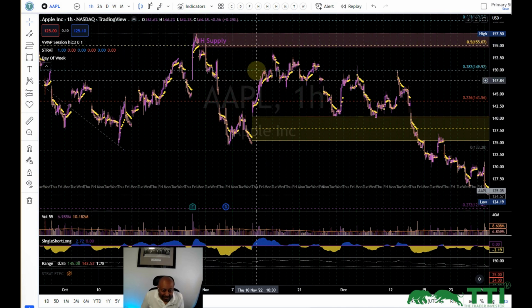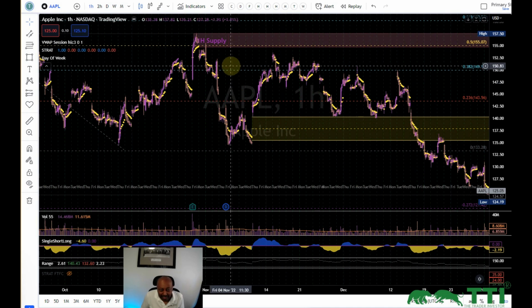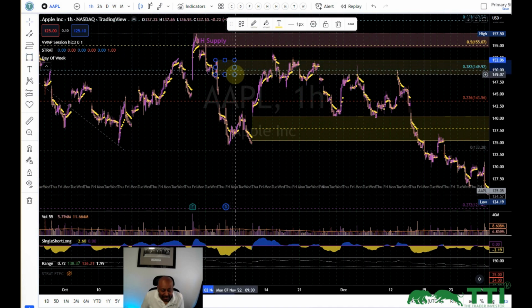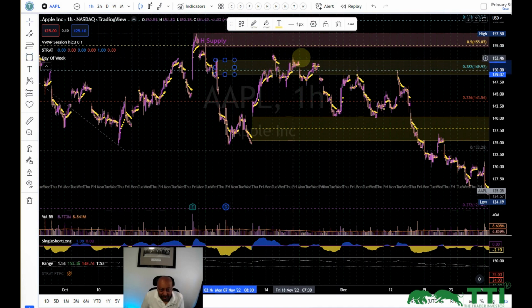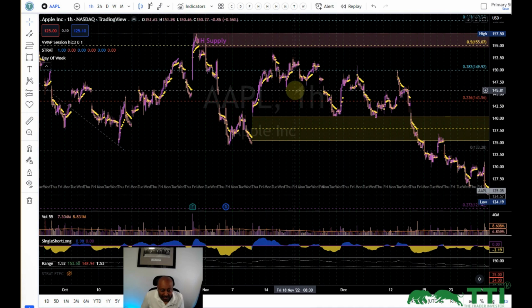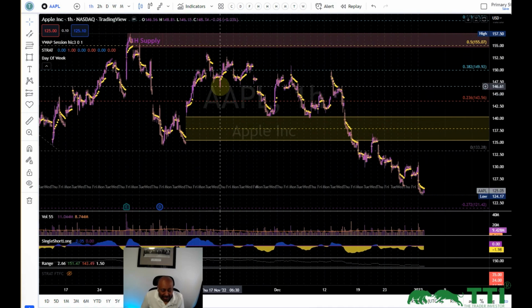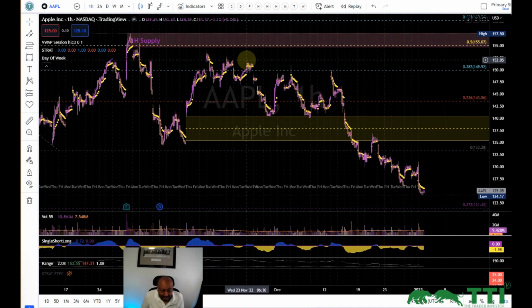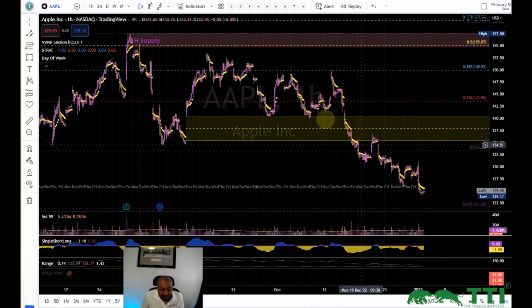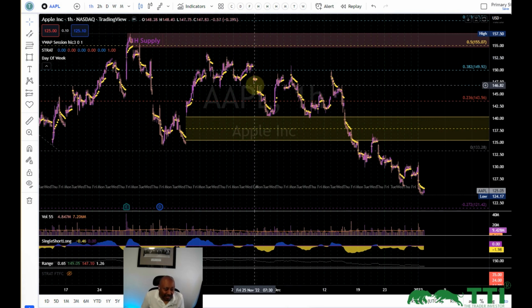And right here, I don't have a clear place where I can draw a supply zone. You might say this could be a supply zone, and then when we come back here, we go down. So when you have that bias to the downside, and you get to a place where you're starting to make lower highs, lower highs, lower lows, then you say, okay, I'm going to close this gap, so I'm going to take this trade.